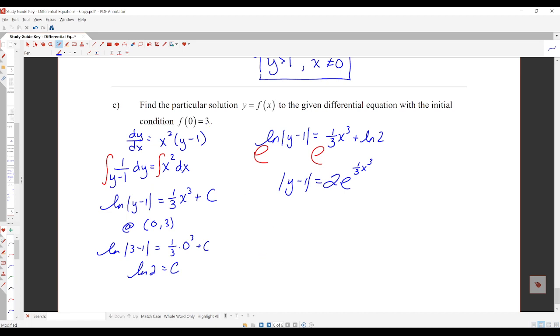Since our y coordinate is positive here, then I know the entire right side is always going to work out to be positive, so we can just drop the absolute value. Again, if it said f of 0 was -3 or something where it's negative, I would need to go ahead and actually put a negative in front of the 2 here.